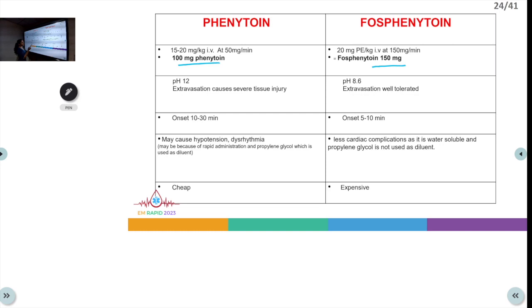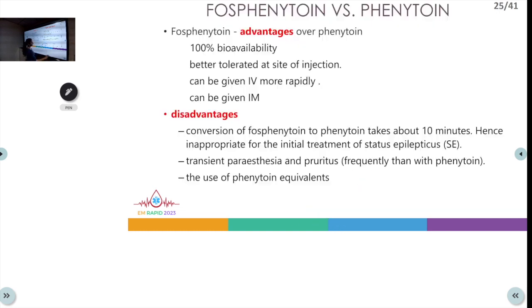Because of the presence of propylene glycol there can be hypotension and dysrhythmia, and these complications are less in fosphenytoin. But the disadvantage of fosphenytoin is it is expensive. Advantages of fosphenytoin we have already discussed: 100% bioavailability, better tolerated at the site of injection, can be given IM and IV.